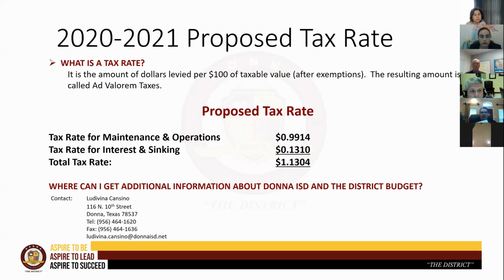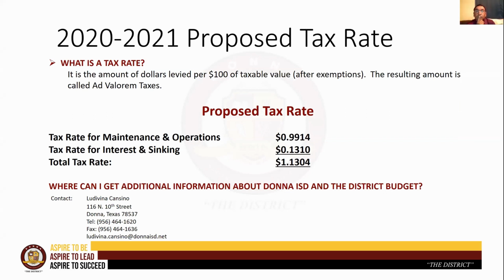And for the fiscal year 2021, we are proposing a tax rate for maintenance and operation of 99.14 cents. Tax rate for interest and sinking is 13.10 cents, for a total tax rate of $1.1304. If anyone needs additional information regarding the district budget or the tax rate, they can reach me. My telephone number is there, 956-464-1620, or my email address.